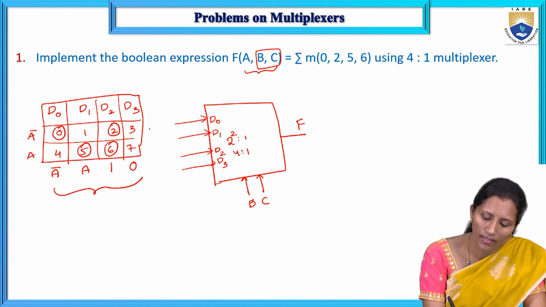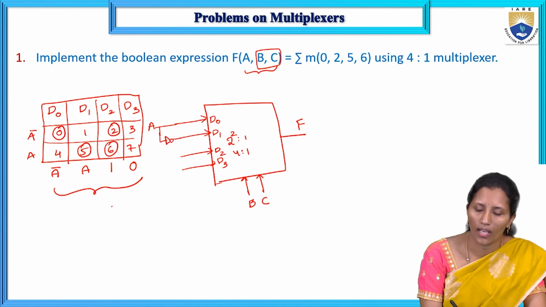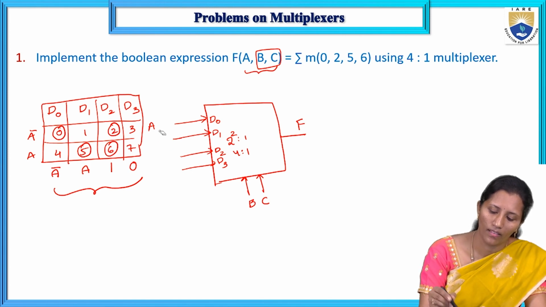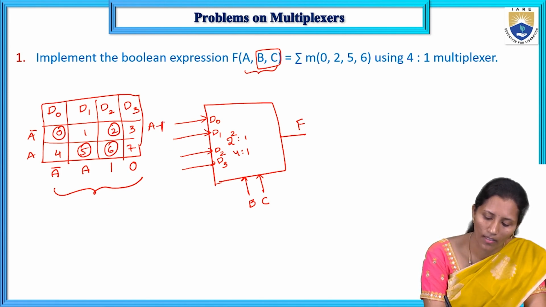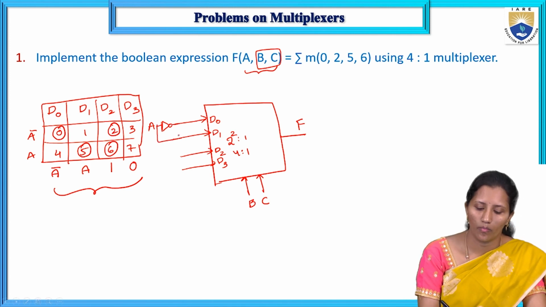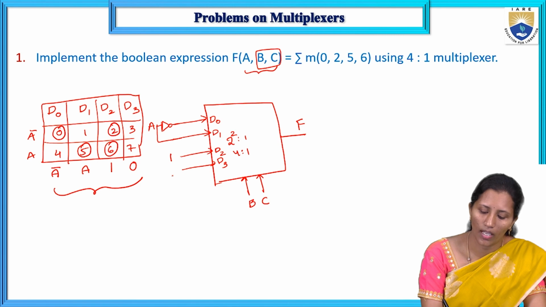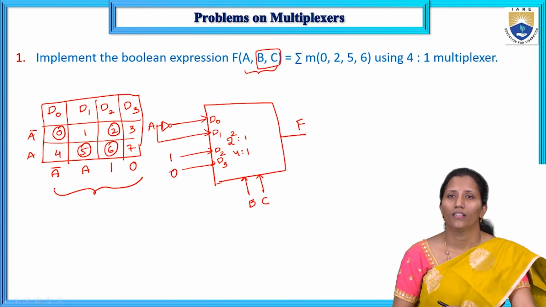So here we connect A bar to the first input and A to the second input, and logic 1 to the third input, logic 0 to the fourth input.